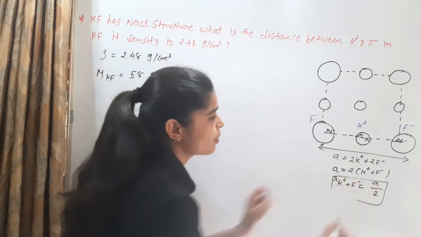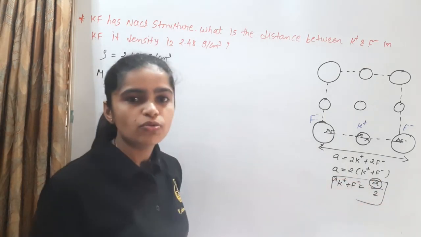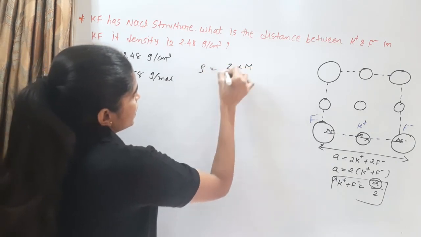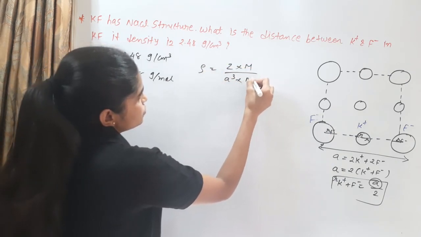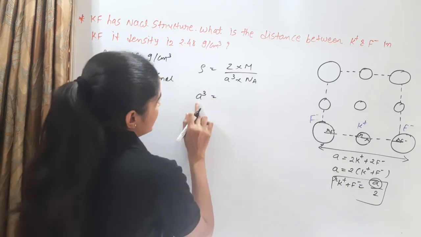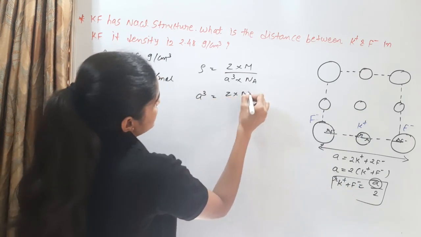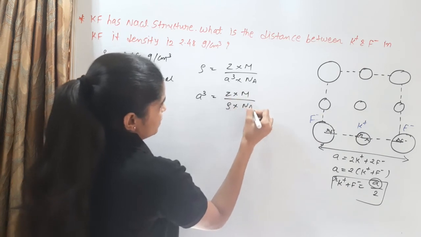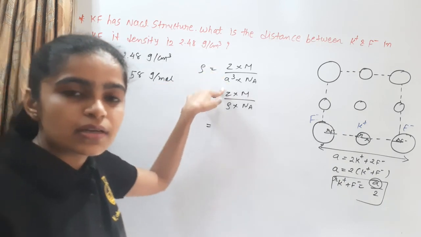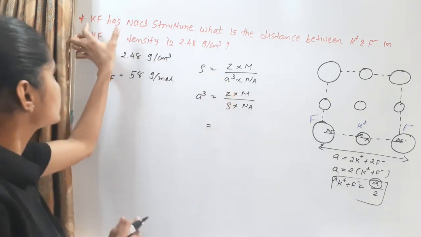First we need the A value. How to find the A value? So rho is equal to Z into M upon A cube into Na. To find the A value, A cube is equal to Z into M upon rho into Na. Z: we know the NaCl structure is FCC.